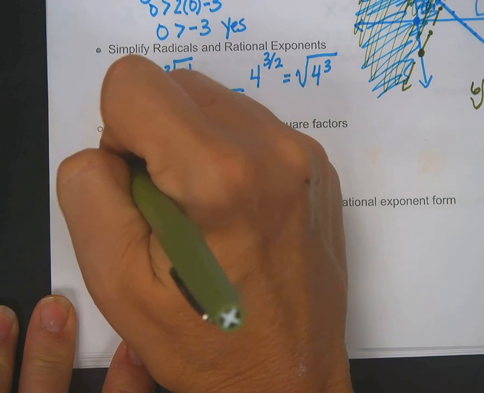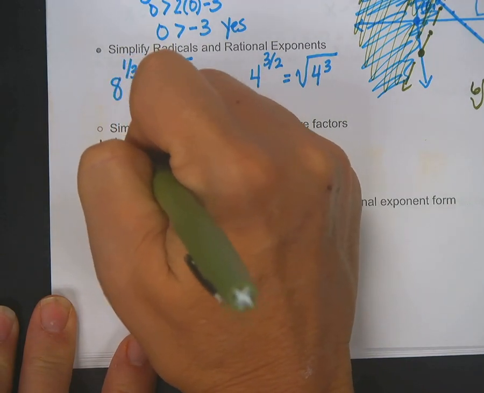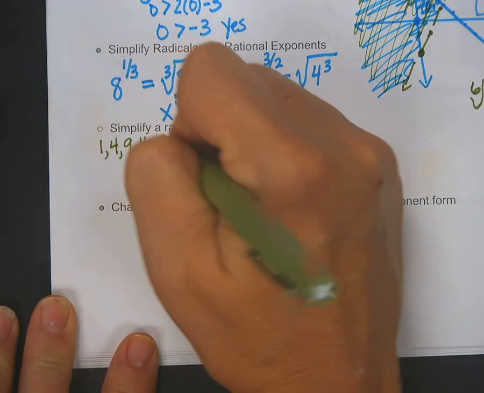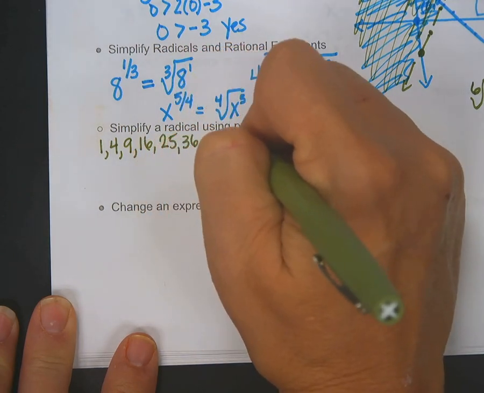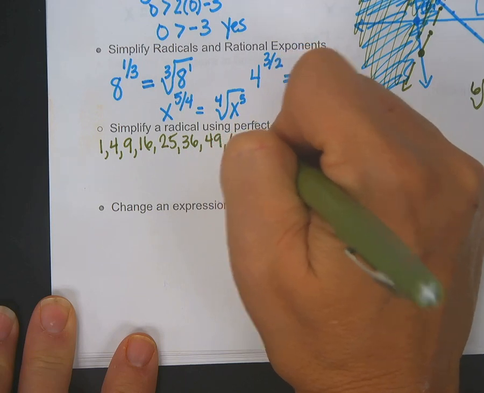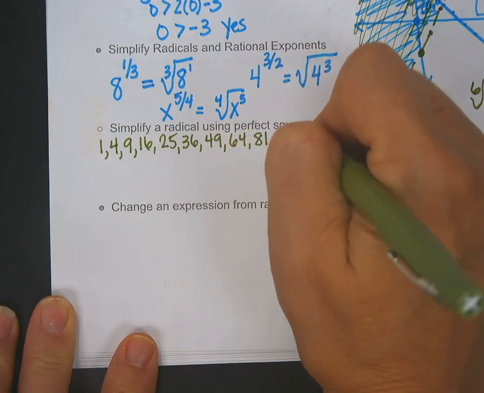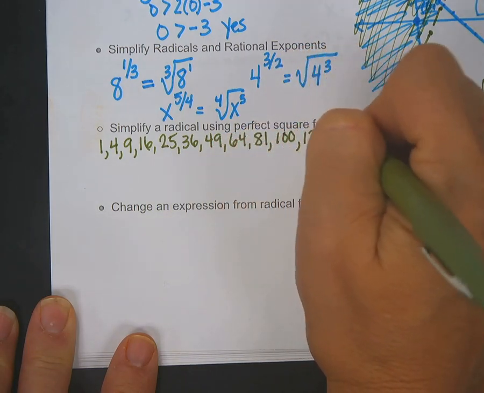All right, this next one we did early in the year, and then we've done it most recently. This is where you need to understand and memorize these perfect square numbers, because we are going to use these perfect square numbers to simplify a radical. So there's the first 12.